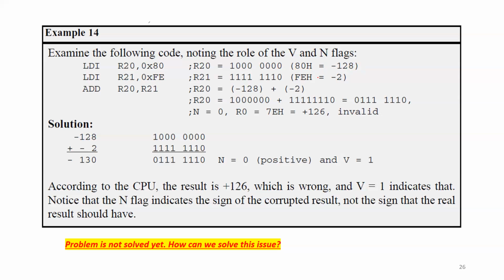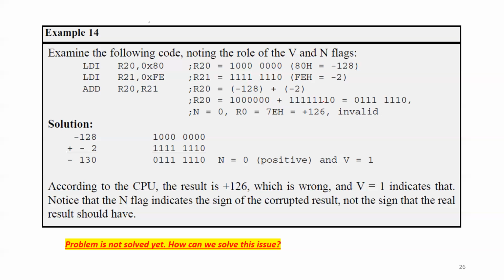Now let's see if we add the two numbers together. Adding the two numbers together, we expect minus 128 minus 2, so it would be minus 130. This is in decimal values. Let's see what will happen here.